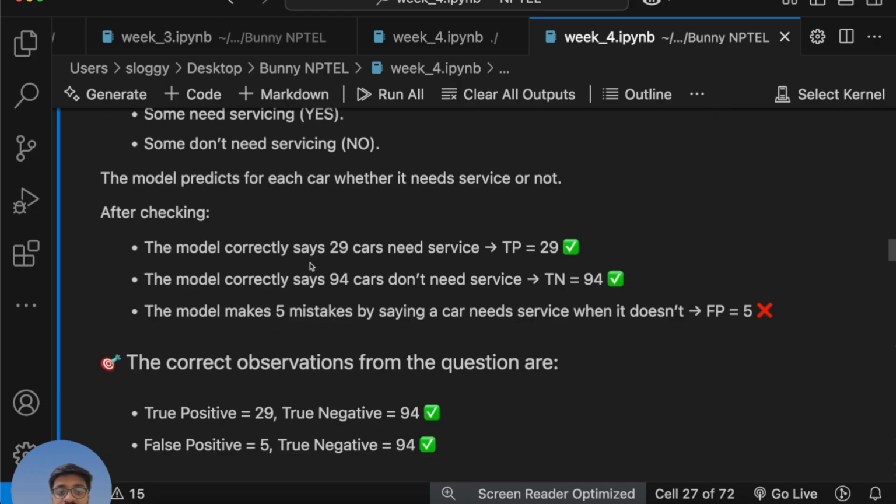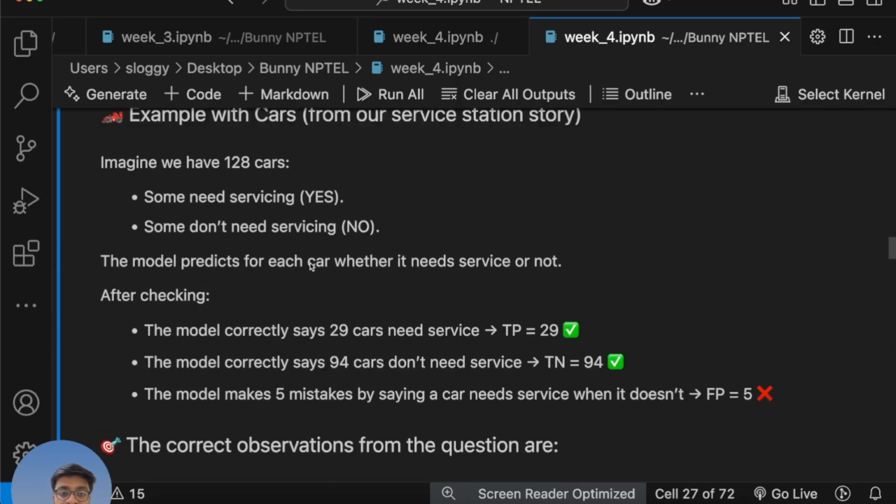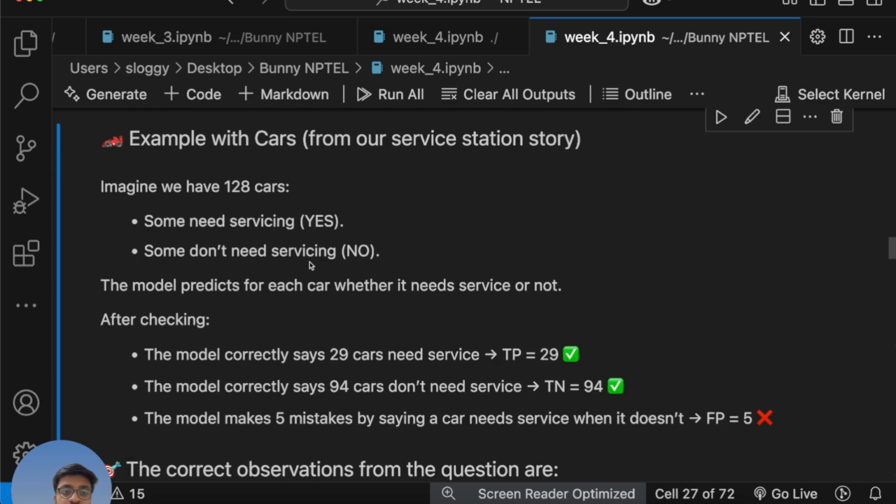You can just try it out for the confusion matrix problem and supporting part of the same. After checking, the model correctly says that 29 cars need services. So TP will be 29. The model correctly says 94 cars don't need services. Among 128 cars, 29 cars need services, so true positive is 29. Among the 128 cars, 94 cars don't need services, so true negative will be 94.